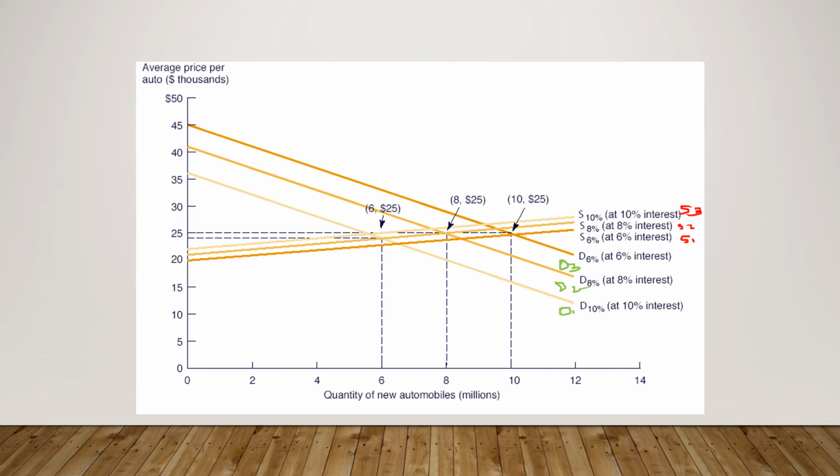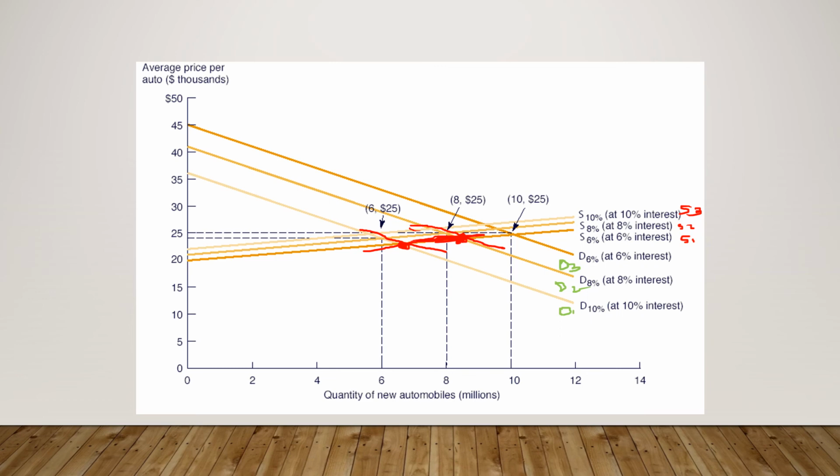So let's say it's D1 and S1, and this is the equilibrium point. If it's only the demand curve that has shifted and the supply curve is as is, and the demand curve has shifted to the right, then a new equilibrium point has been formed.